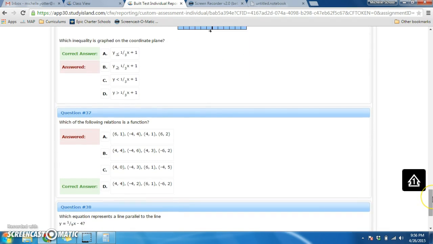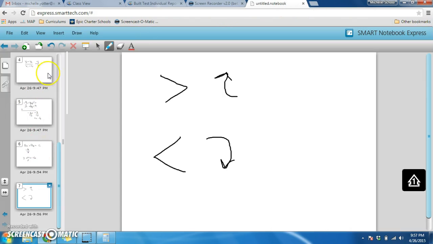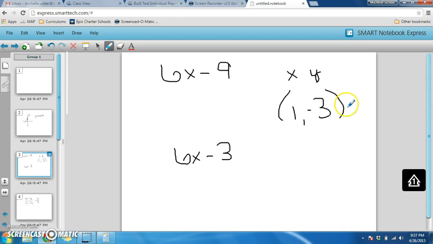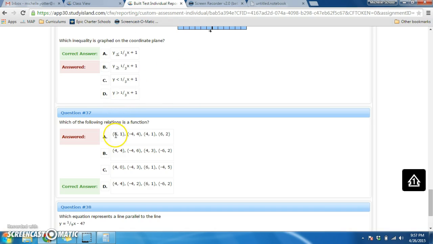Okay, the next one, which of the following is a function? Remember, in a function, our x's cannot repeat. And remember, an ordered pair is x, comma, y. Okay, our x, then our y. So this one has (6, -4), (4, 6).